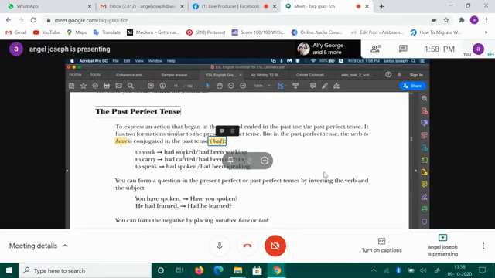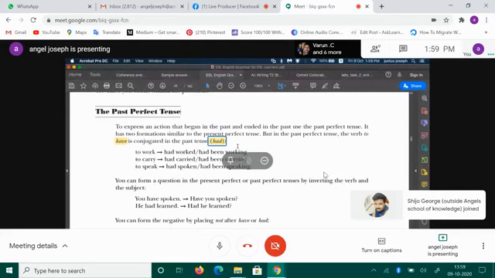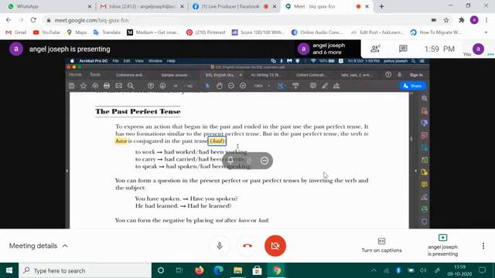After had, in most cases the next word would be a verb, and this verb would be in the participle form, that is en. Just remember, participle forms are some more words which generally end with en. Not all words will end with en.